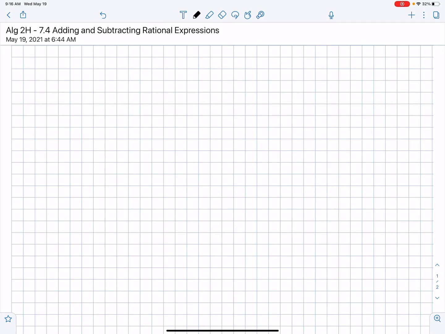Okay, so we went ahead and we multiplied and divided some rational functions. So today we are going to be adding and subtracting rational functions, or rational expressions.